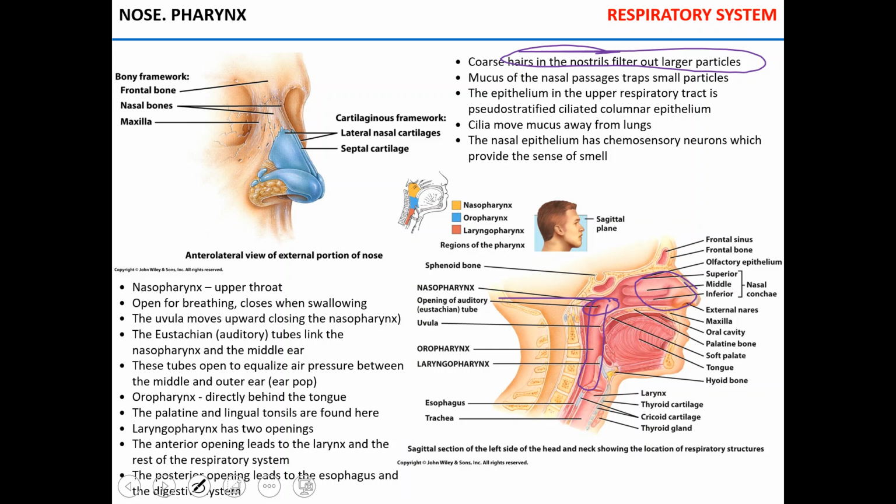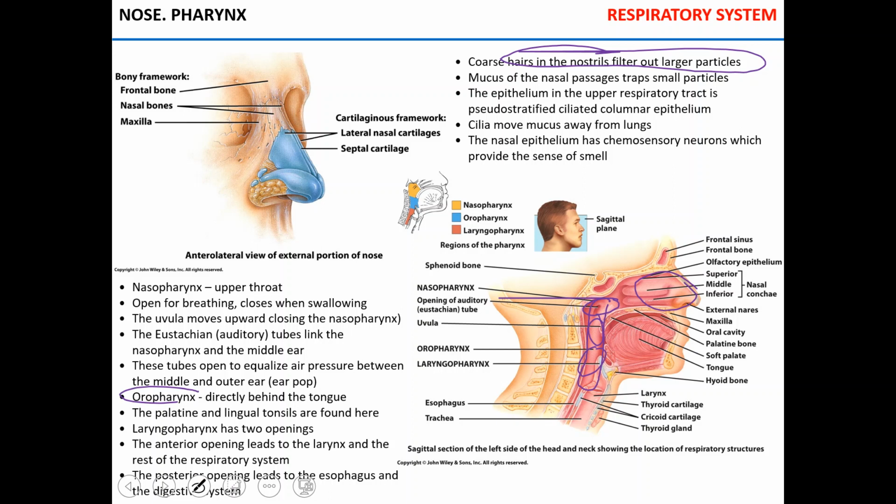Nasopharynx, closest to the nasal cavity, is covered with pseudostratified ciliated epithelium and participates only in respiration. Oropharynx and laryngopharynx participate both in the digestive and respiratory activities.